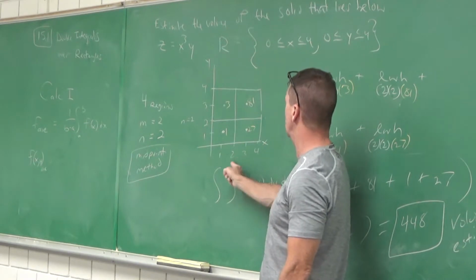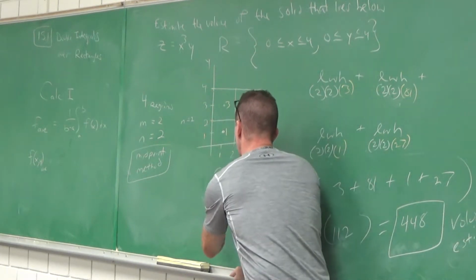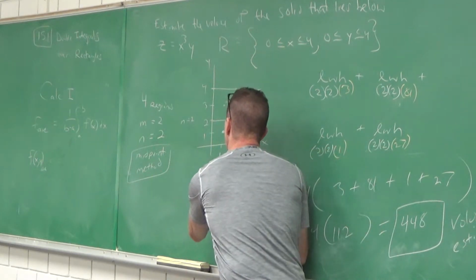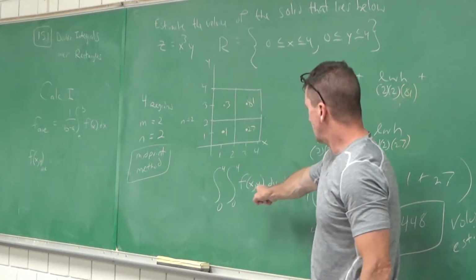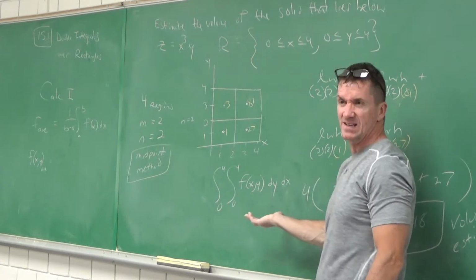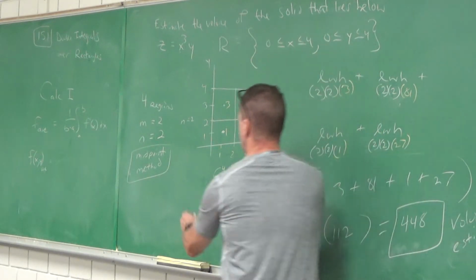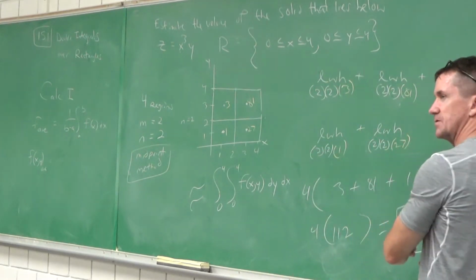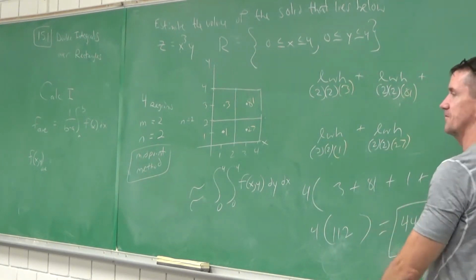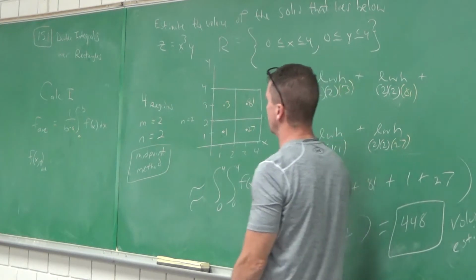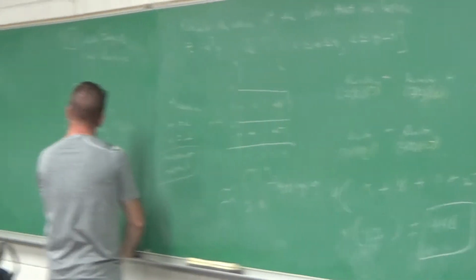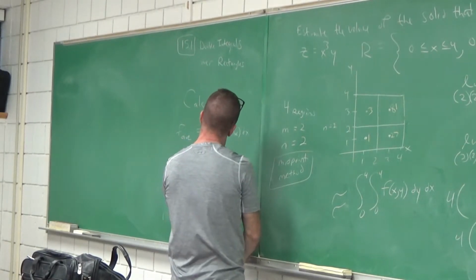What were the limits for the y? 0 to 4. And what was the limit for the x? Same, 0 to 4. There's the notation. Did we get this exactly? No, we estimated it, so we can put a squiggle in front. We estimated that to become 448, just by building 4 simple rectangular solids. Well, then what will this become? It should be very simple. We've got to get the function of x and y's average value.